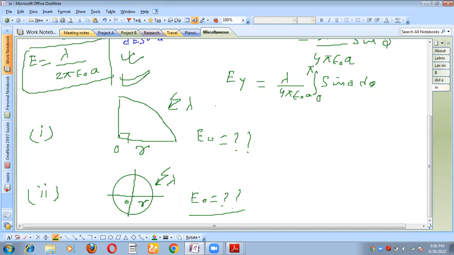No, I am asking the electric field at the center O. Have you got the question? I am not asking the angle. I am asking the value of electric field at the center O due to this quarter charge. Samaira? Sir, I'm finding. Okay. Krishna, have you got it? No, sir. Solving.